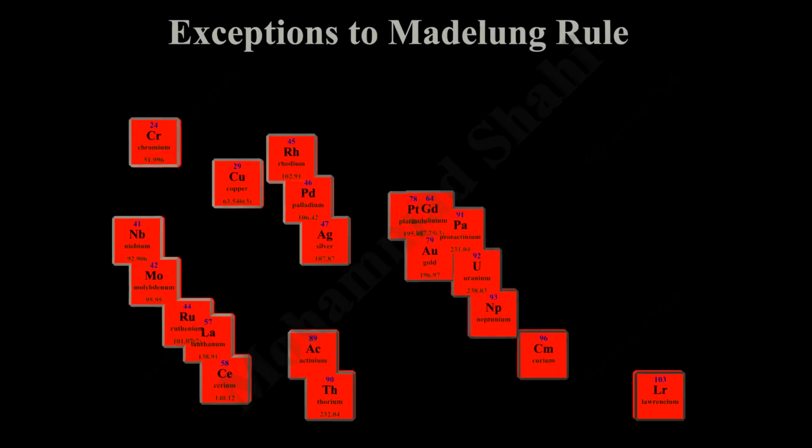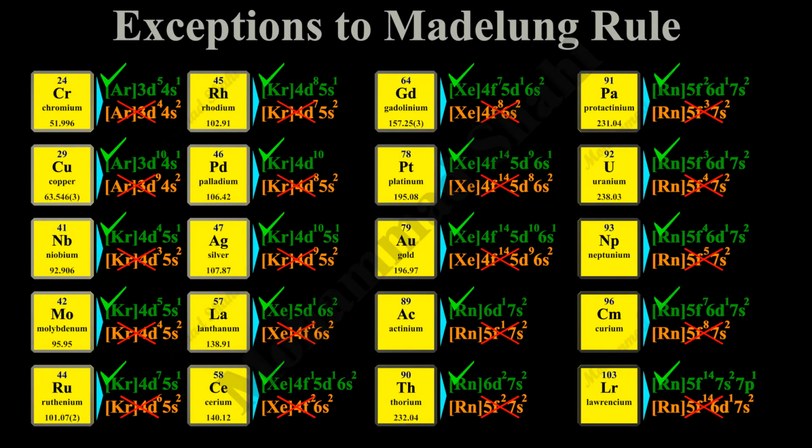Among famous ones are chromium, with symbol Cr, and the electronic configuration of argon 3d5 4s1 instead of argon 3d4 4s2. Copper, with symbol Cu, and the electronic configuration of argon 3d10 4s1 instead of argon 3d9 4s2.